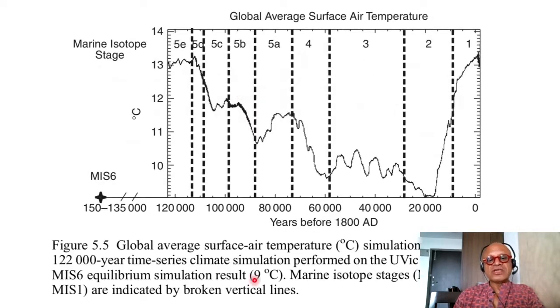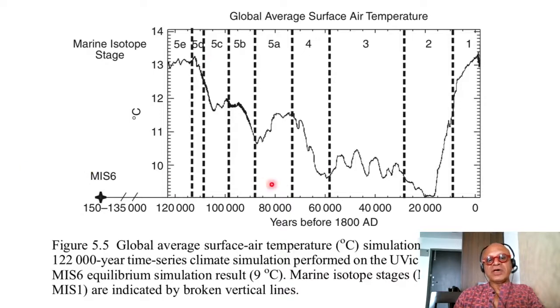So here, looking at the simulation from UVic, global average surface air temperature simulation results from a 122,000 year time series climate simulation performed on the UVic ESCM and the MIS6, the marine isotope stage 6 equilibrium simulation result, 9 degrees C change there. Marine isotope stages MIS5E through 1 are indicated by broken vertical lines.